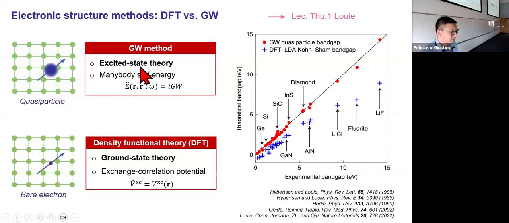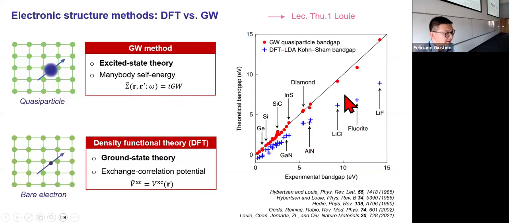I would like to remind you, G is the Green's function and W is the screened Coulomb interaction. If we want to use DFT to describe quasi-particle properties, the view is that the exchange-correlation potential in DFT is mimicking the effect of the self-energy sigma, whereas in DFT, this quantity is local and static.